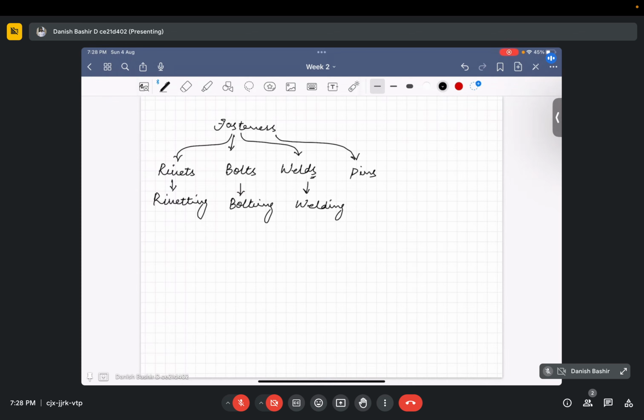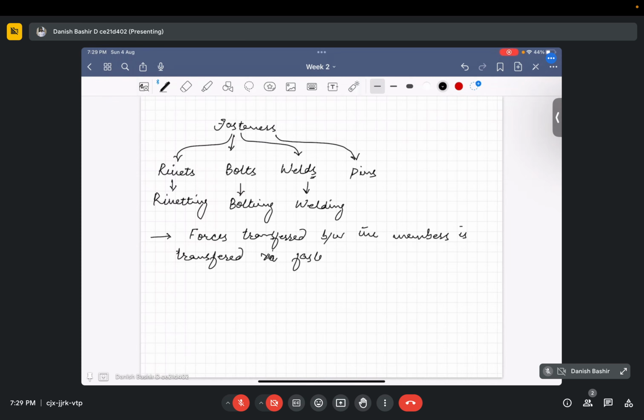They should therefore be adequate to transfer the forces safely. Forces transferred between the members are transferred via fasteners only.